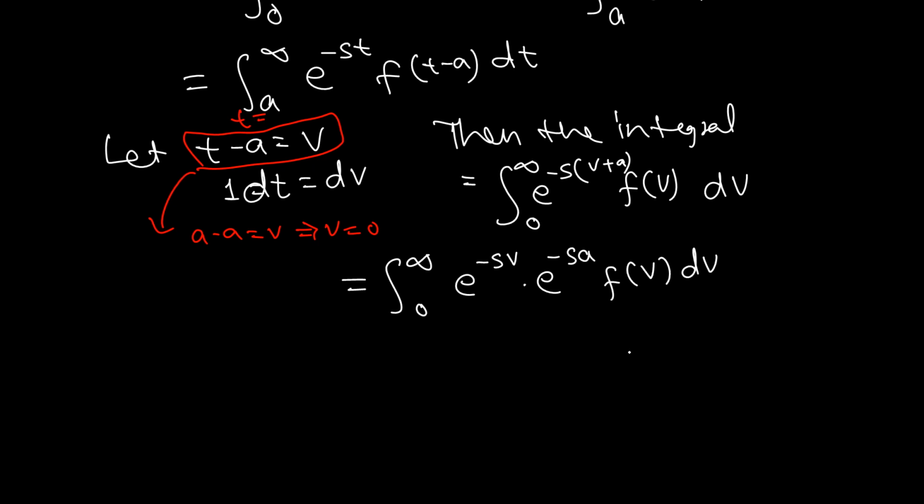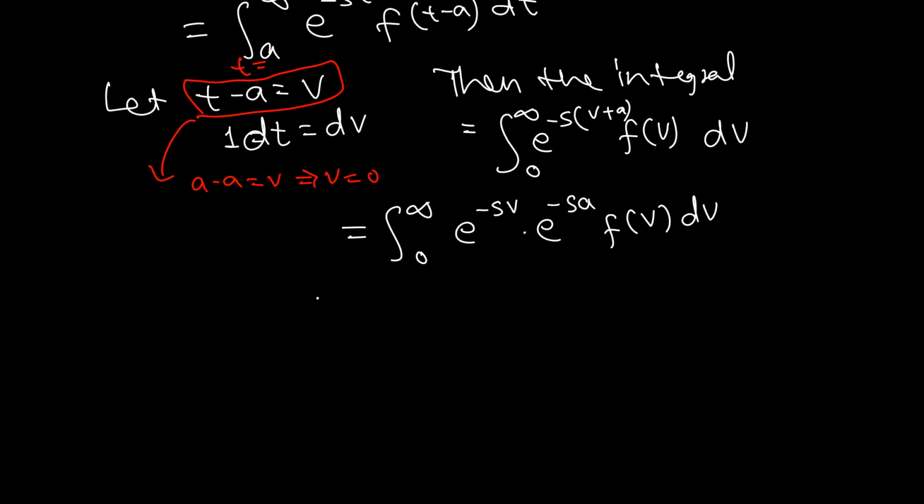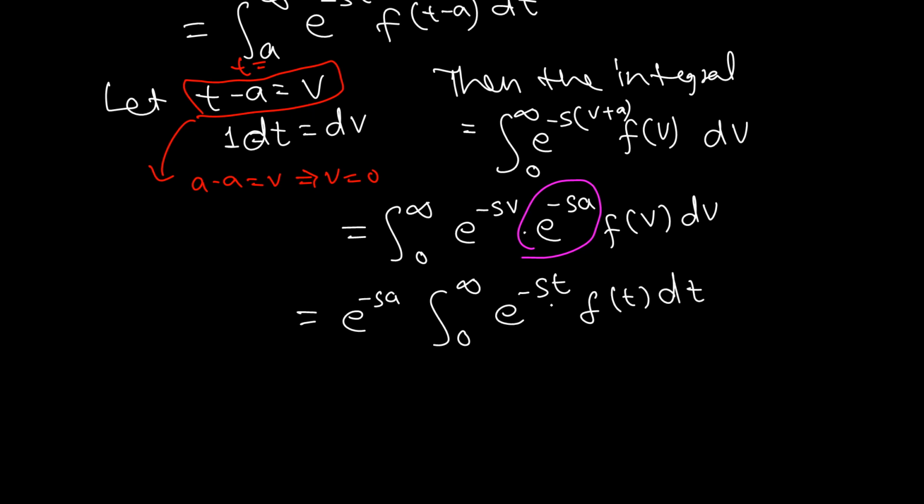This v is just a dummy variable, so if we like we can go back to t, and this factor has nothing to do with v, so we can pull it outside because this integral is with respect to v. So e to the negative sa, integral from 0 to infinity of e to the negative st f(t) dt, or any other variable of your choice.